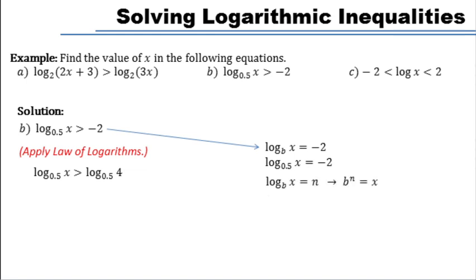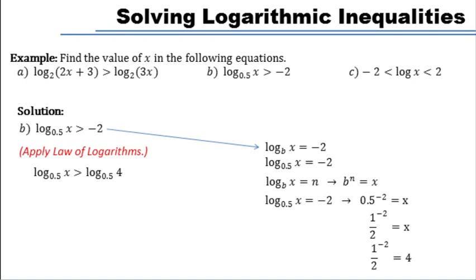Since logarithm base b of x is equal to n, when we convert it to exponential form, it is b raised to n is equal to x. So, logarithm base 0.5 of x is equal to negative 2 means 0.5 raised to negative 2 is equal to x. What is 0.5 raised to negative 2? That is 1/2 raised to negative 2, which equals 4.